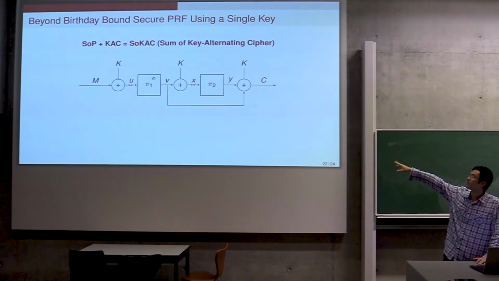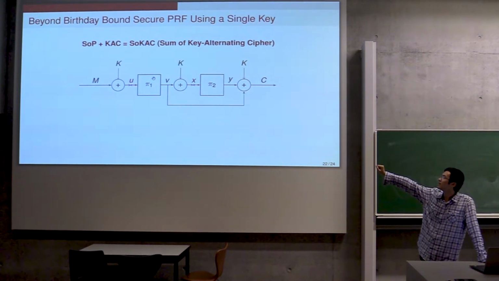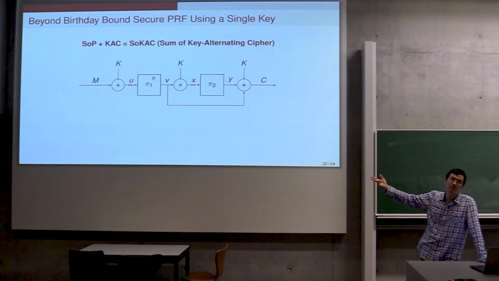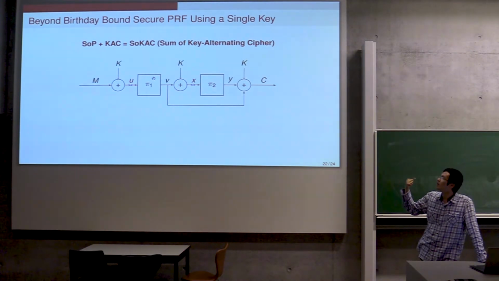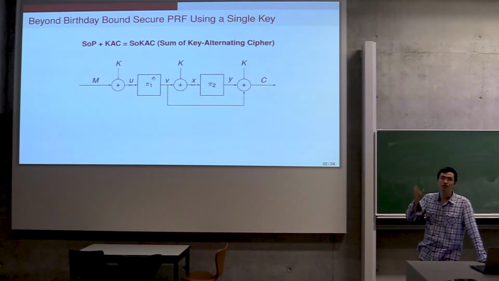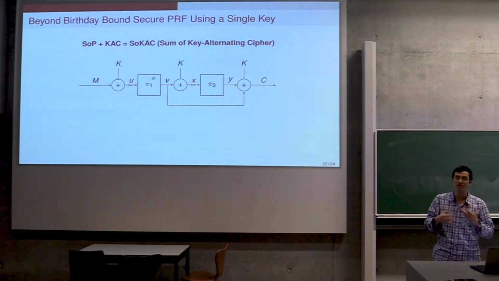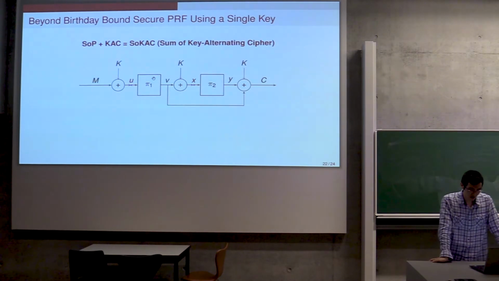This construction can be seen as the EDMV construction by Mennink and Neves, while instantiated with the Even-Mansour cipher. It can also be seen as the sum of a two-round key alternating cipher with a one-round key alternating cipher, where the first permutations of both key alternating ciphers are the same permutation.